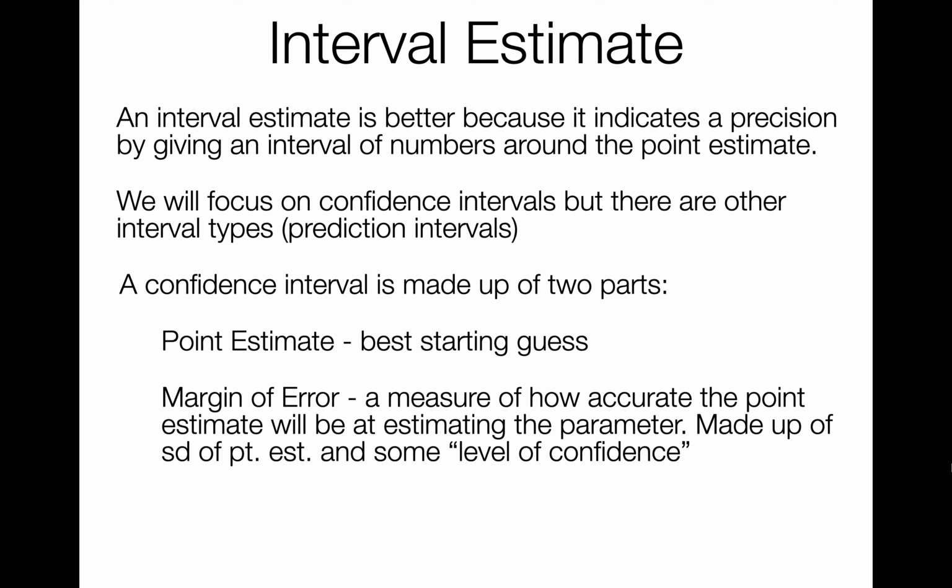The margin of error is a measure of how accurate the point estimate will be at estimating the parameter. We'll find it's made up of two parts; a margin of error is actually two things multiplied together for us. But the margin of error is that level of uncertainty, because we know that random things are variable.